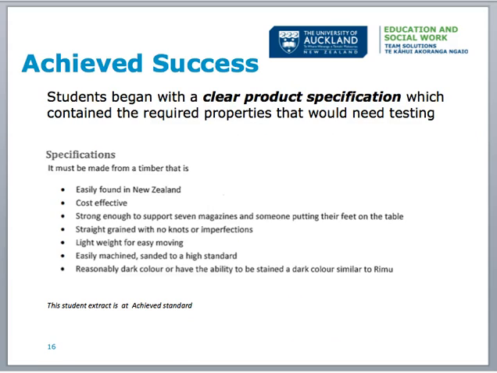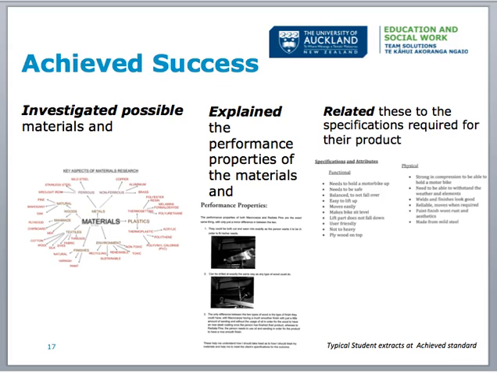When working towards achievement success, a common factor was that successful students had a clear product specification as a starting point. The step up at level 7 is that students are able to move from generalizations about material properties into the specific areas of research required for their individual product outcomes. Using their product specification, students investigated possible materials.